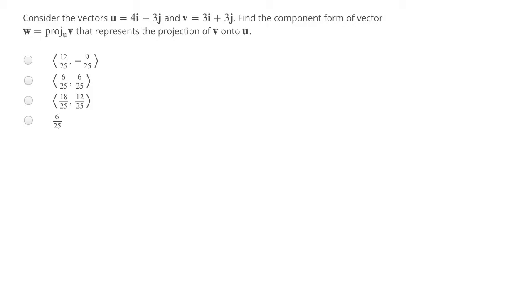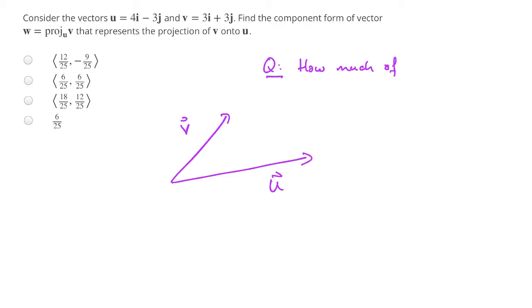So suppose we're given two vectors. We're given one vector that's going to be u, and we're given another vector that's going to be v. We can then ask ourselves the question of how much of the vector v is in the direction of u.